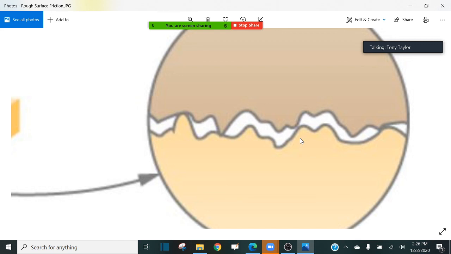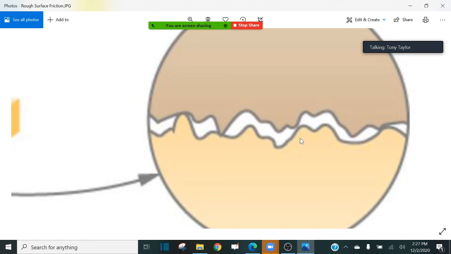Now, I want to say this: ice is not entirely smooth. It's not perfectly smooth, so there's going to be some friction involved, even if it's just a little bit. In fact, guys, there's no such thing as a surface that is 100% smooth. There's no such thing in nature of a perfectly smooth surface.